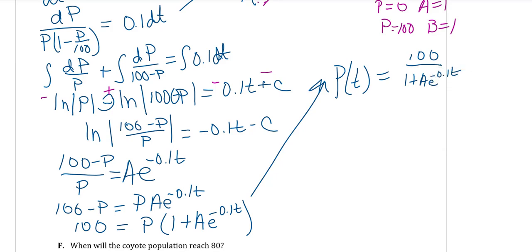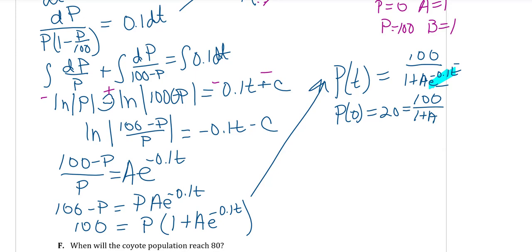Now here you can use the idea of knowing that P of 0 is 20, and then solving this for A, because that part will go to 0. The e part will be e to the 0, which is 1.